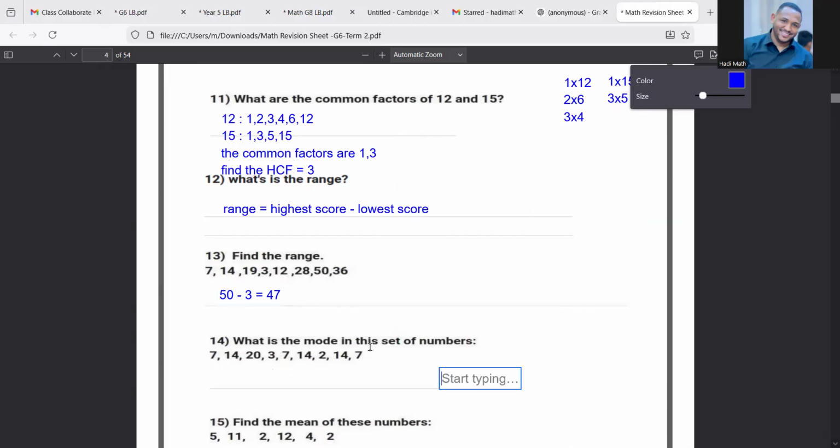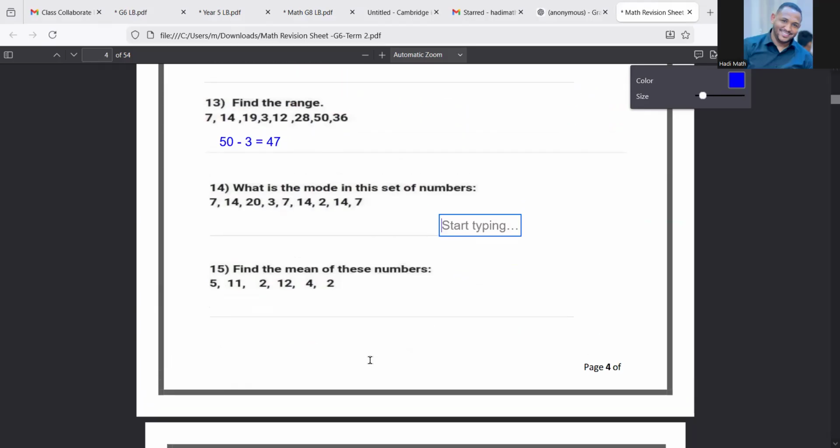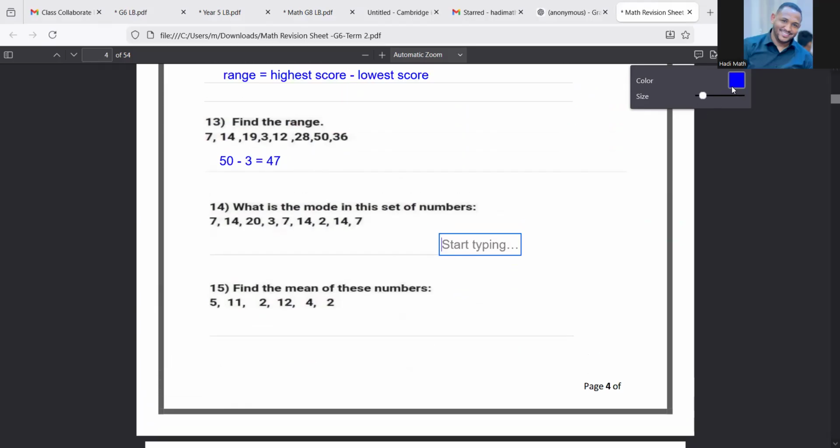They ask you find the mod. We know mod is the most repeated. So please, I have so many students who make mistakes by not paying attention to it very well. Look at the number repeated. You've got 7 repeating. Let's see how many times repeating the 7. 1, 2, and 3. The 7 repeated 3 times.